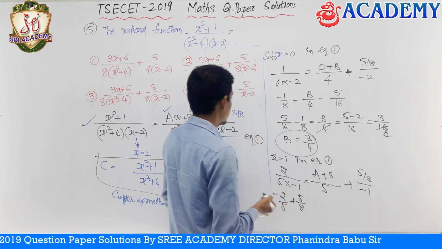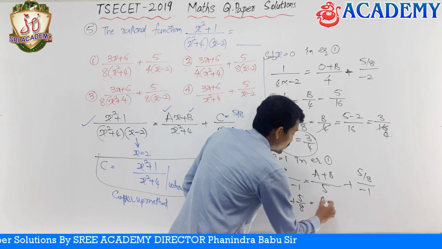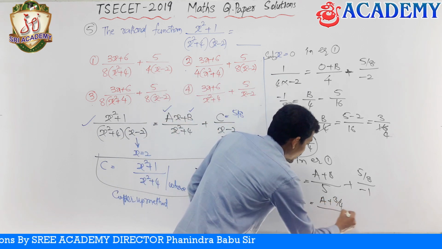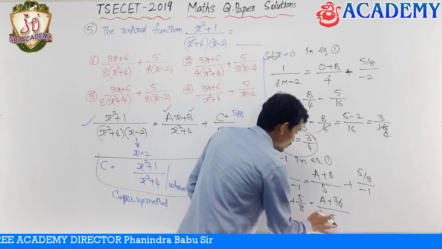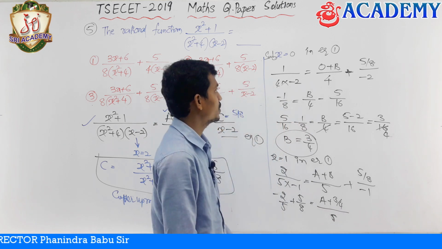Next, nothing but a plus b equal to 3 by 4 divided by 5. Now simplify, then you will get an answer.